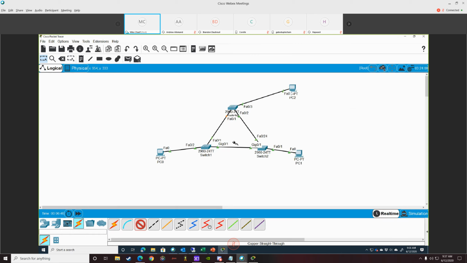So the only way we can stop endless frames going from switch to switch to switch, and it's not only that, because when you have frames going from switch to switch, we have what we call a broadcast storm. So when you have a bad broadcast storm, basically you flood the MAC address table, and the MAC address table is going to be changed constantly. So it gets confused. Your devices get confused, basically.